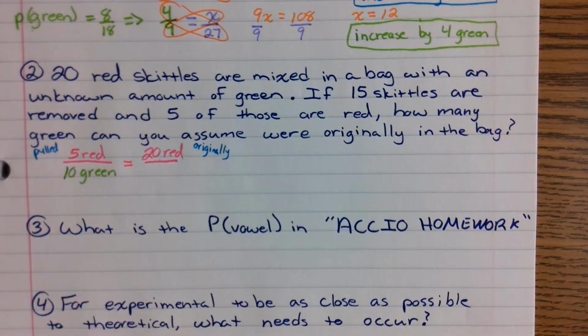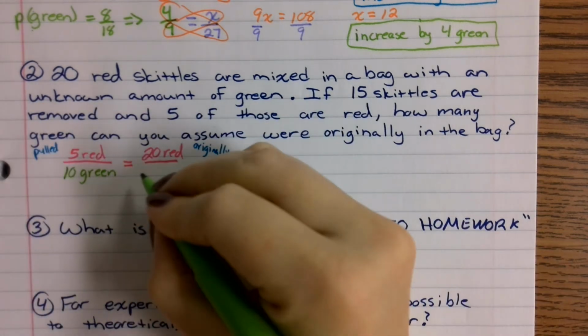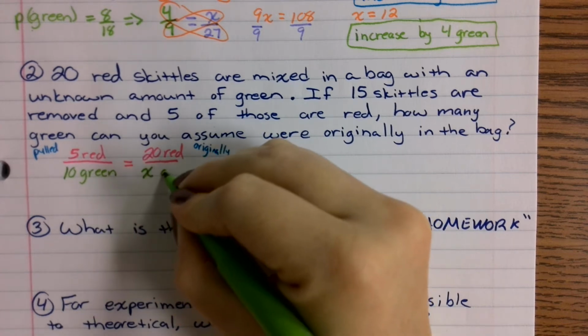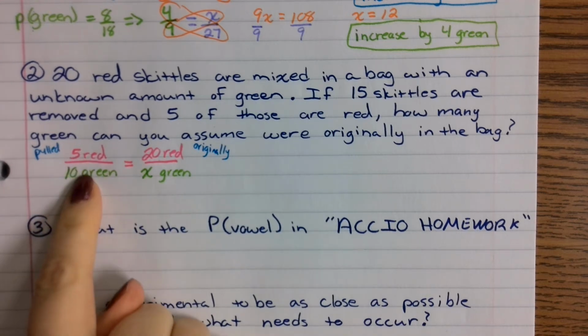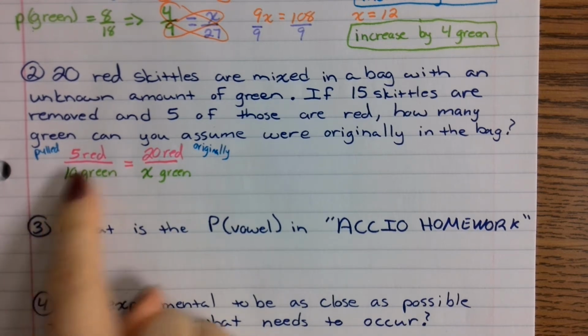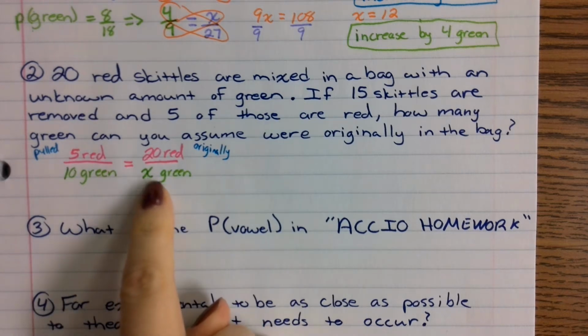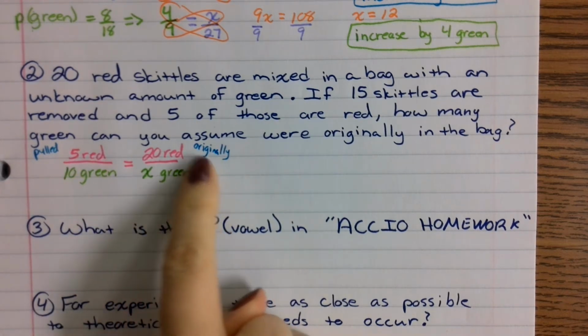Originally in the bag, how many are green? We don't know. That is an unknown. It's an unknown amount of green. So when it's unknown, you put X. So 5 red, 10 green were pulled. 20 red, an unknown amount of green, were originally in the bag.